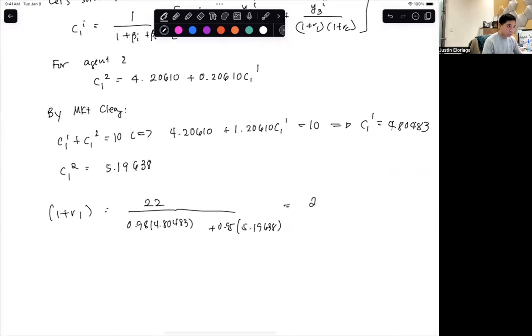That's going to be equal to 2.28090, which means that R1 is equal to 1.28090. So that's how to get R1.